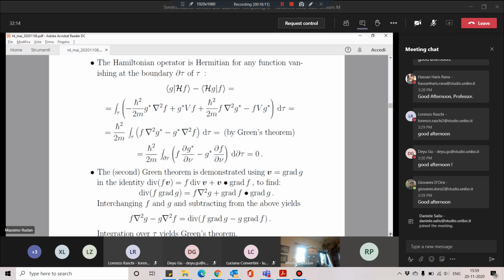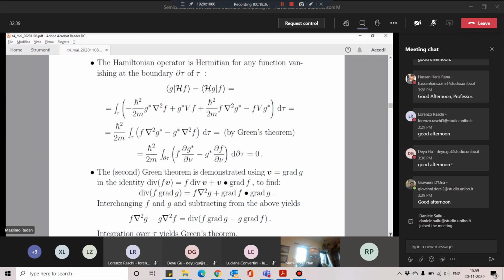So what we obtain is visible in the fourth line. It's h bar squared over 2m integral over the boundary of f times the derivative of G star with respect to the direction e normal to the boundary minus G star times the derivative of f normal to the boundary.